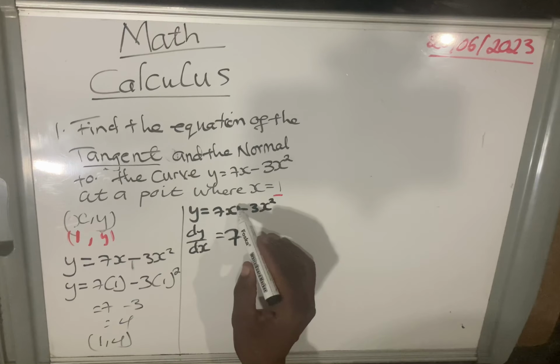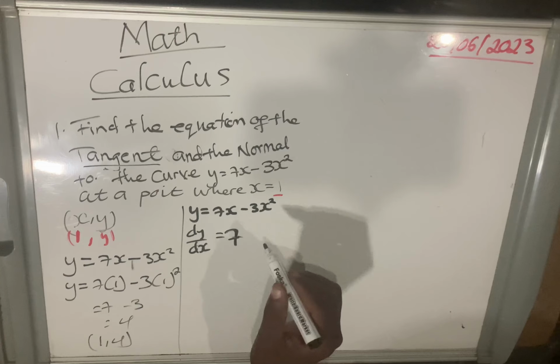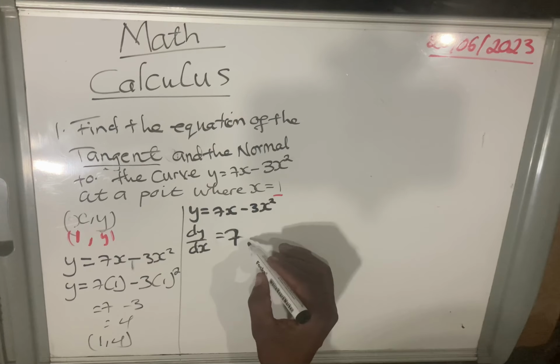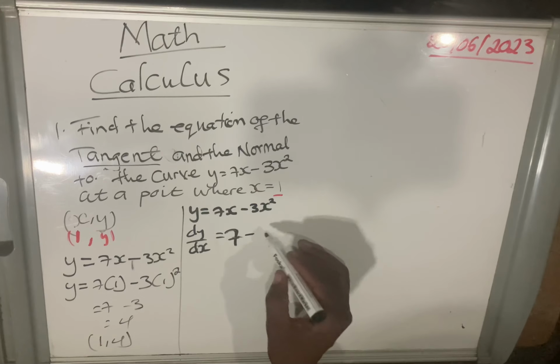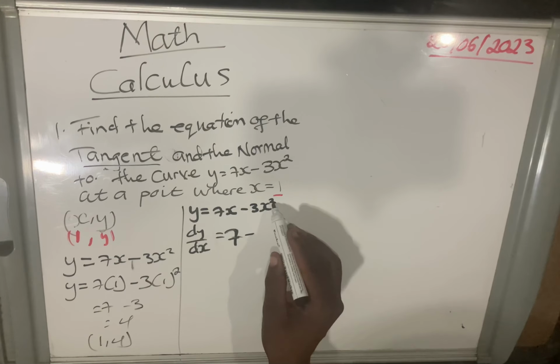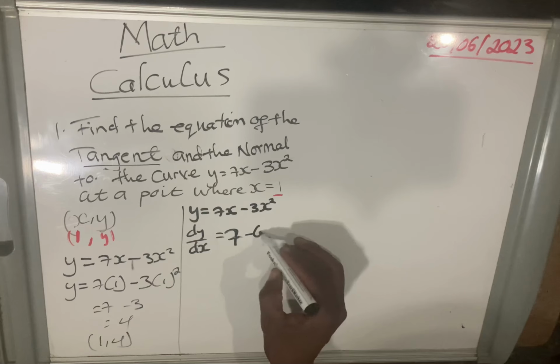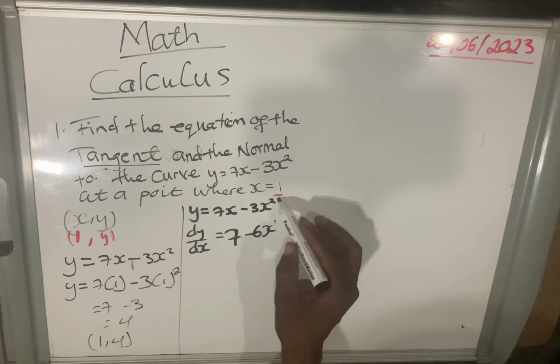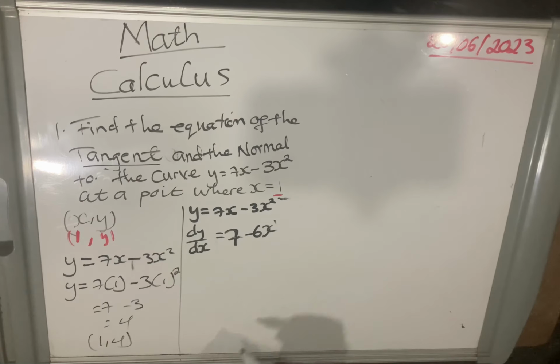So that will be power 1 times 7, giving you 7. Then 1 minus 1, always have to reduce the power by 1. So eventually to give you 7, then minus power times the base, which is 2 times 3, giving us 6, x to the power 1. Now we don't show the power because we have to reduce this one by 1.